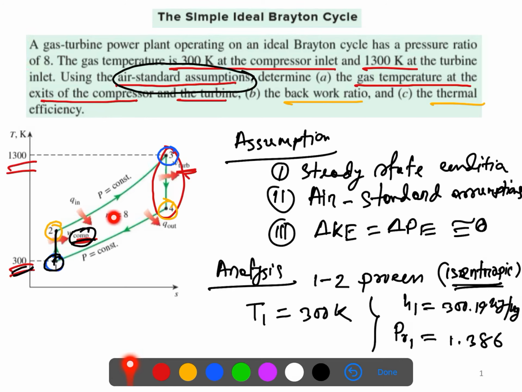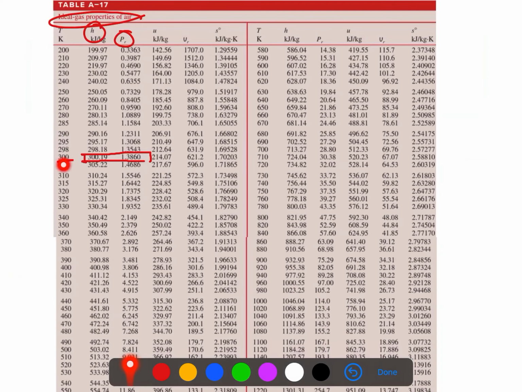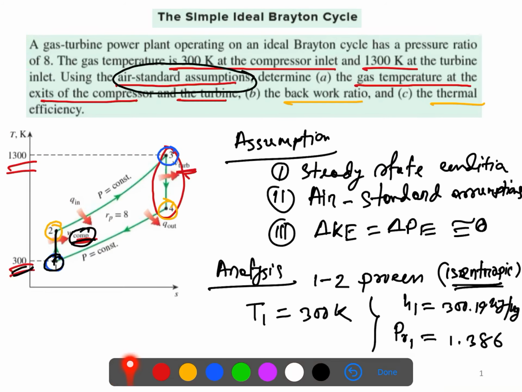But from this value, if you actually want to get the temperature for the exit from this ideal gas of the air, if you somehow know the enthalpy or the relative pressure, then you can easily get the temperature. So what we did here is, we know the inlet temperature for this compressor is 300 Kelvin, and for 300 Kelvin we got these two values.